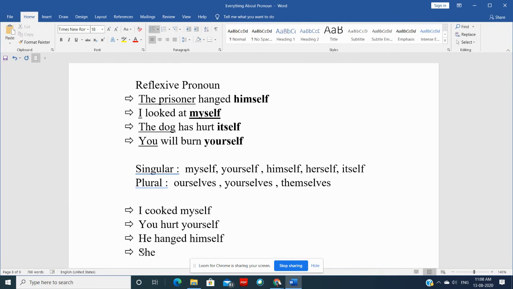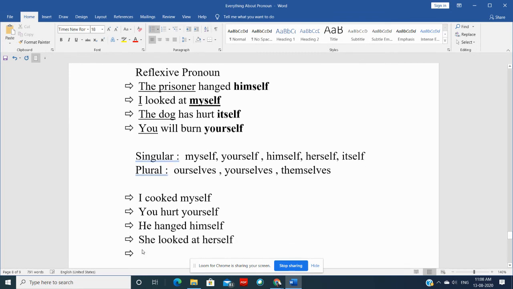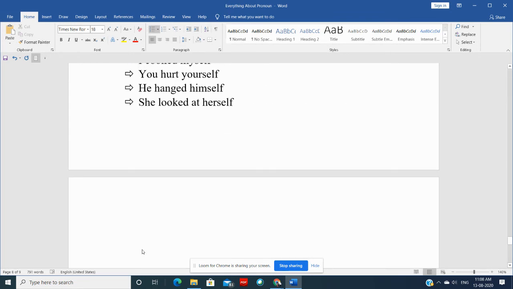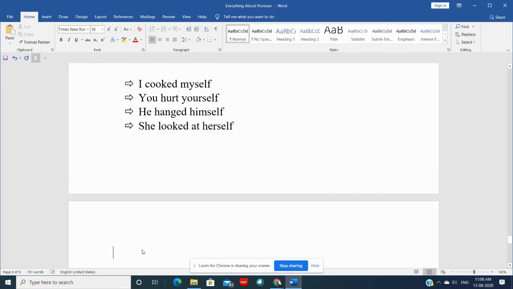She looked at herself. So here also she becomes herself. I, you, he, she, it. Now it. It has hurt itself. Let's say we are talking about some animal. Then it has hurt itself.